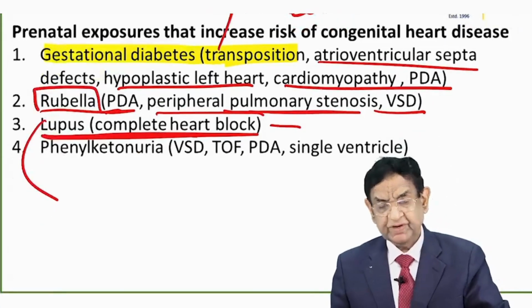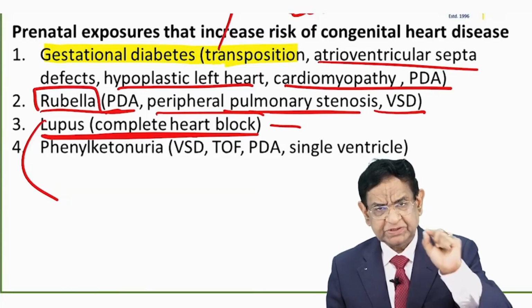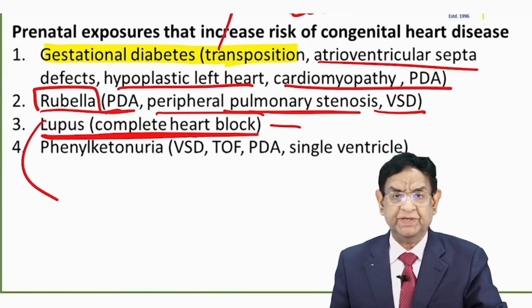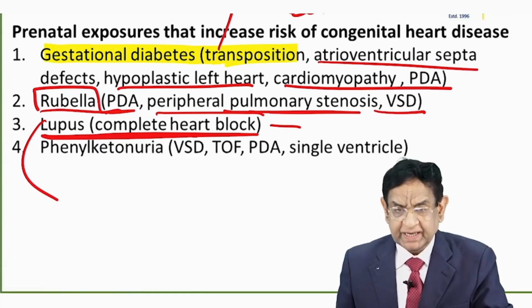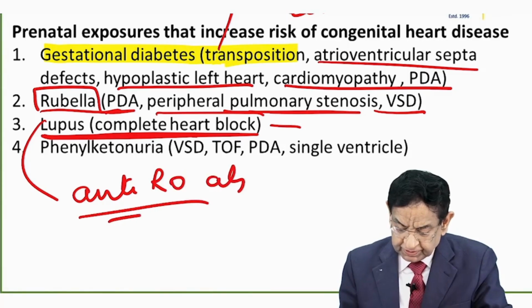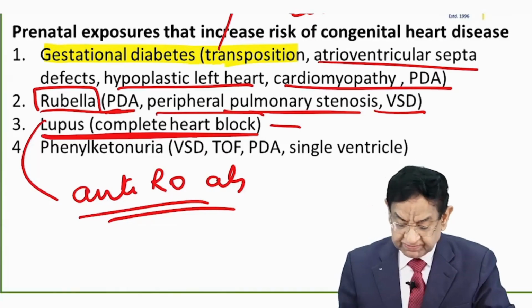Lupus: congenital heart block, very, very important. Whenever we have this problem, invariably they will ask you, this complete heart block is common in those patients where the mother has Ro antibodies. When these antibodies are there, they are connected with complete heart block.